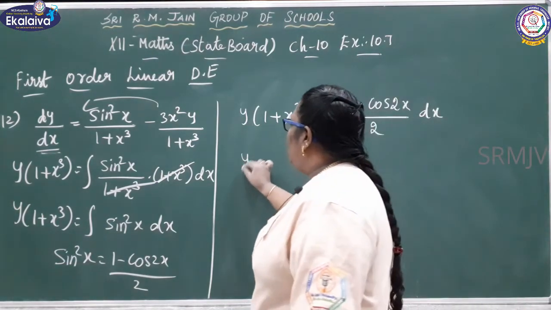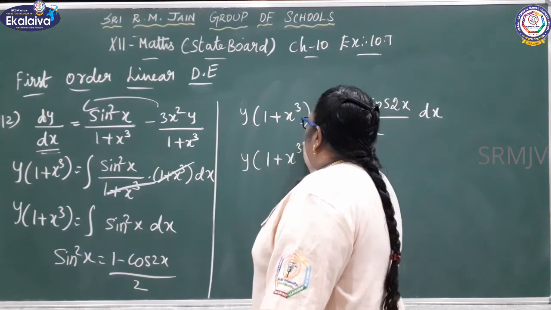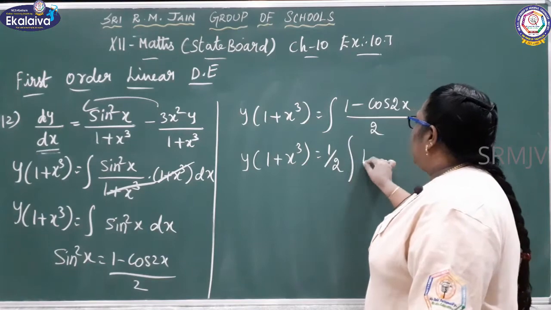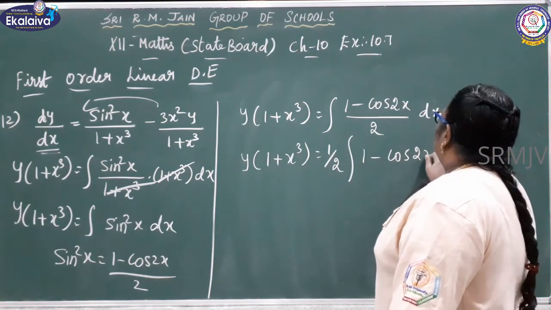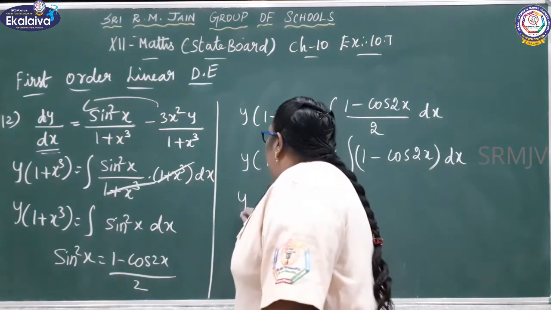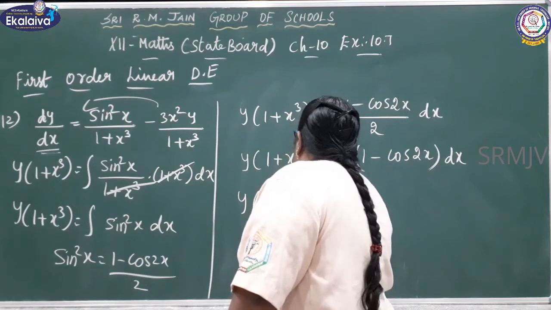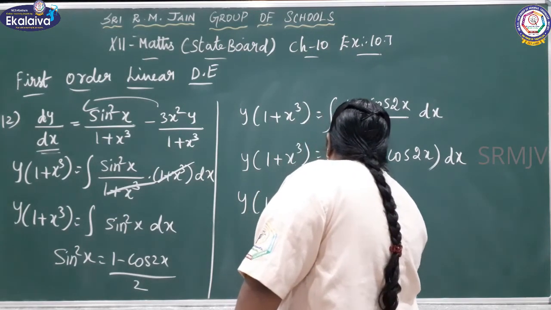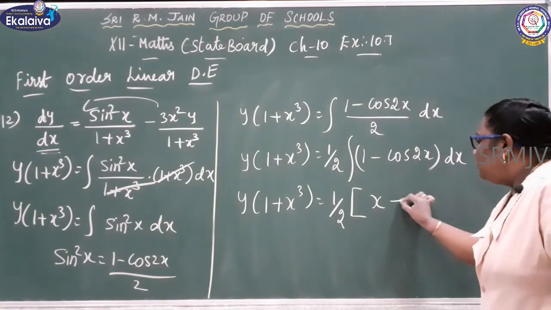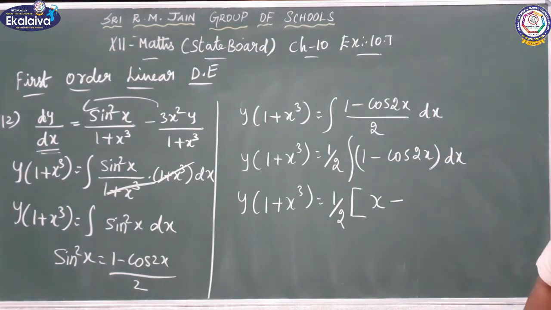So, y into 1 plus x cube equal to 1 by 2 is constant, you can take it out, integral 1 minus cos 2x into dx. So, y into 1 plus x cube equal to 1 by 2 into, what is the integration of 1? Integration of 1 is nothing but integration of dx. Integration of dx is x minus integration of cos 2x.